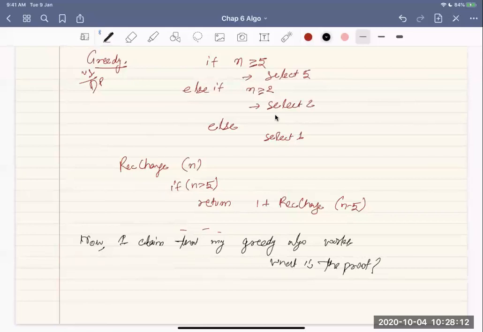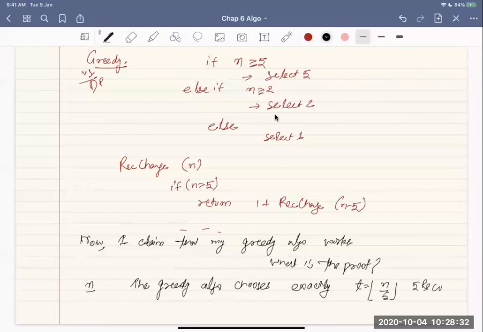Suppose I have to make change for n rupees. The greedy algorithm chooses exactly floor(n/5) 5 rupee coins. We know that because it will choose as many 5 rupee coins as possible. As long as you can take a 5 rupee coin, you use it.